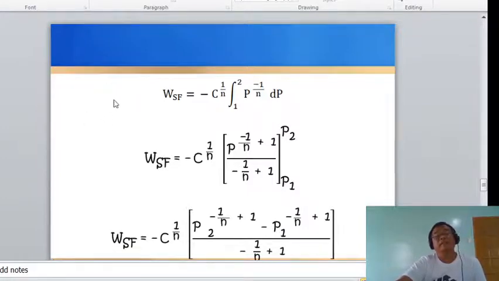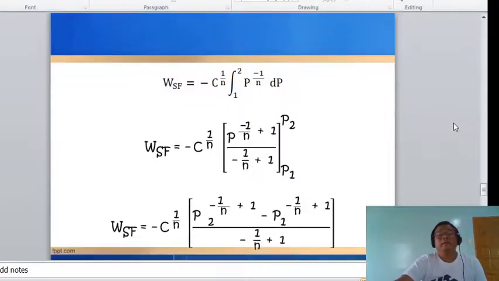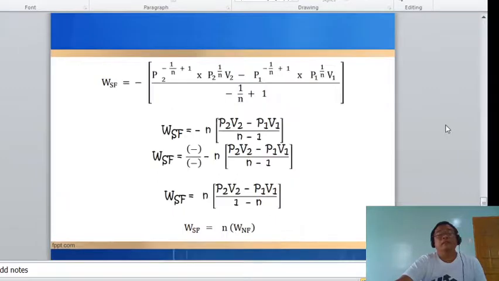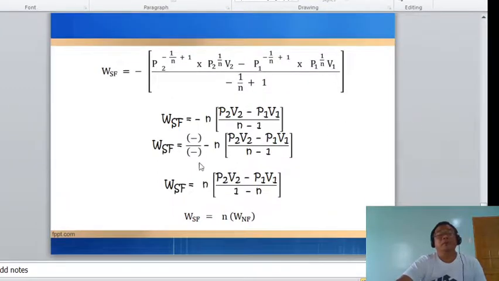Then integrating P raised to negative 1 over n, with limits from pressure 1 to pressure 2, and applying the limits, work steady flow equals n times P sub 2 V sub 2 minus P sub 1 V sub 1 over 1 minus n. Or simply, work steady flow equals n multiplied by work non-flow. As easy as that, class.